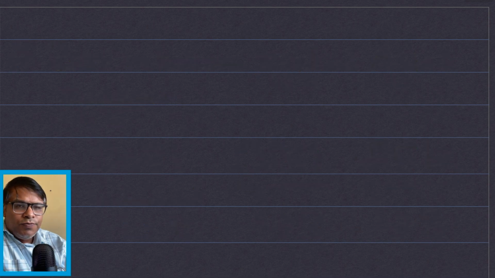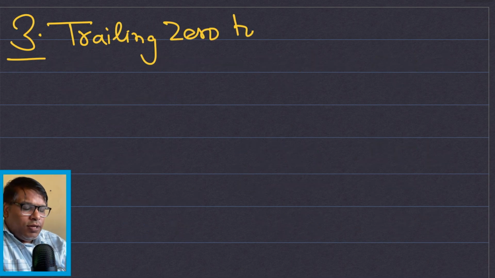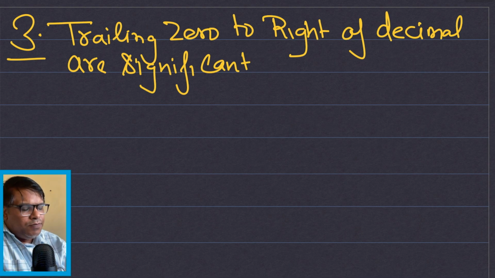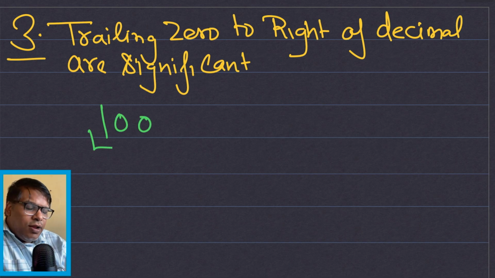Now let us move on. Try to see this rule: trailing 0 to the right of the decimal are significant. You have this number 100. Here how many significant digits? Only 1.